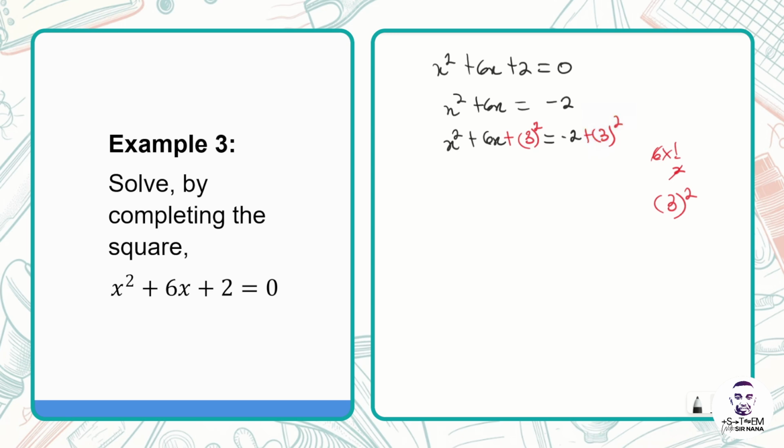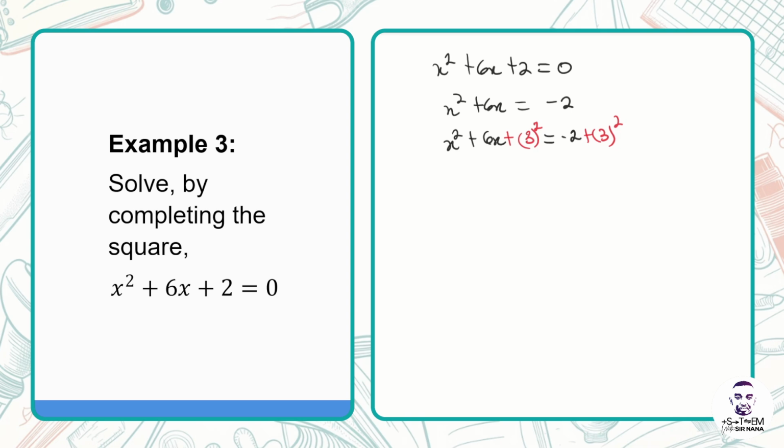So we've added what we have gotten, where we multiply the coefficient of x by half, and then we square it and add it to both sides of the equation. Now that we have done that, let us go through the process.